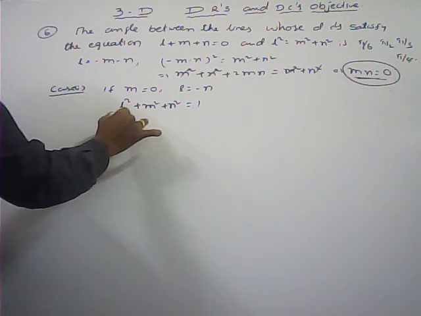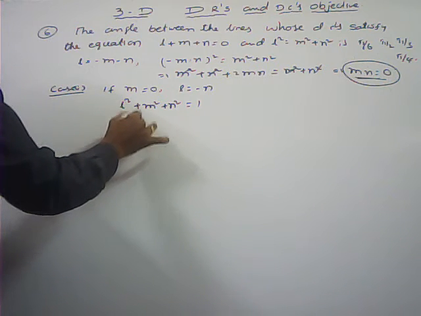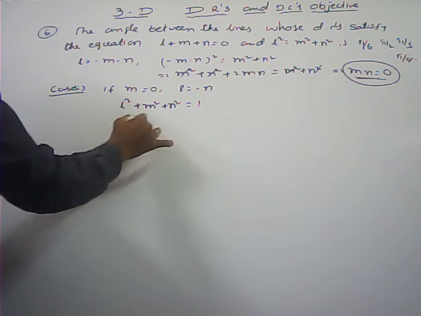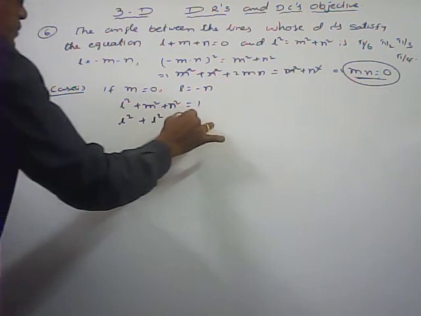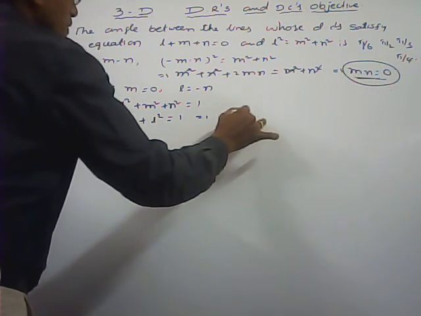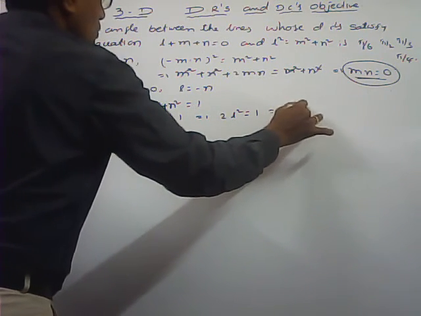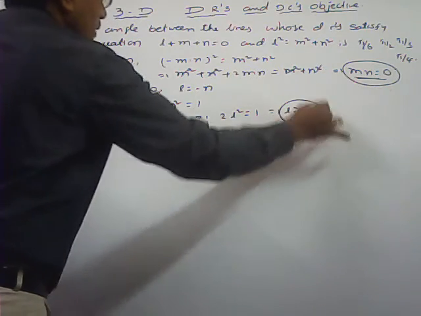Everything I am converting in terms of L only. L square, M is 0, N is minus L, whole square, we get L square, that is equal to 1. 2L square is equal to 1. L is equal to 1 by root 2, plus or minus also we can keep.